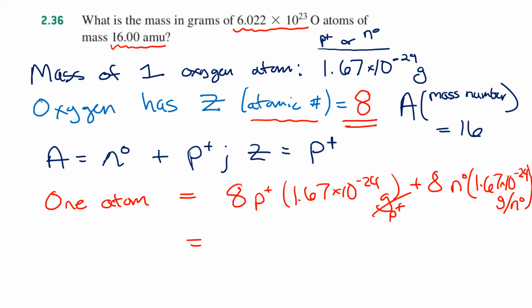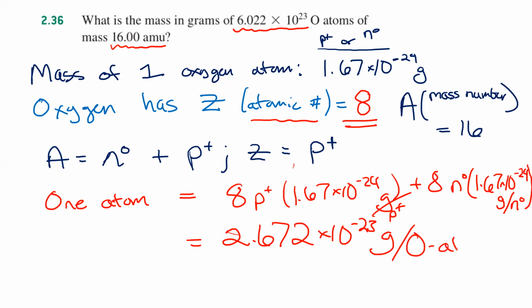1.67 times 10 to the minus 24. When I do that, of course, I get something on the order of 2.672 times 10 to the minus 23 grams per oxygen atom.